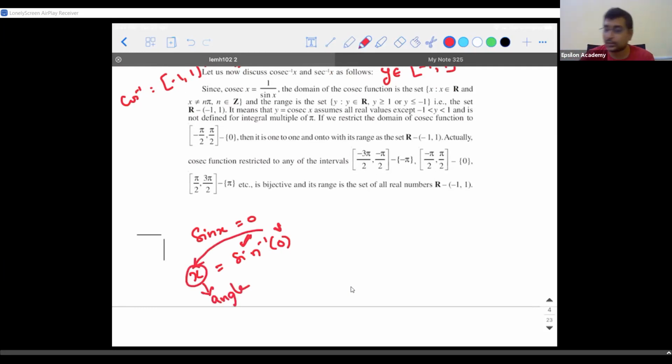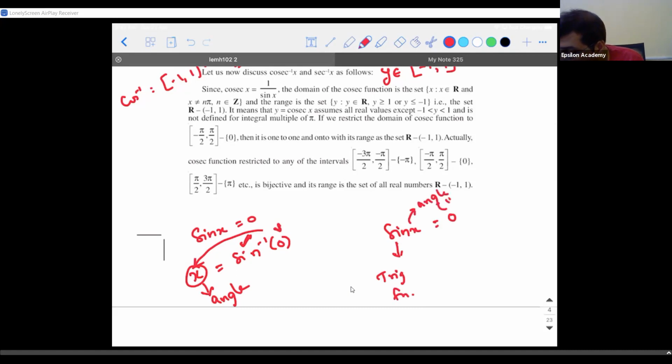Okay, here observe sin x. When I talk about sin x, sine is a trigonometric function. If I label it, x is the angle, angle in terms of radian, and 0 is a value. So for a trigonometric function, the input should be an angle in radian for you to generate a value.